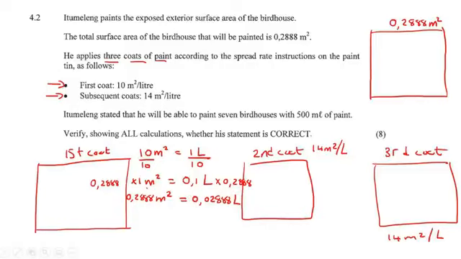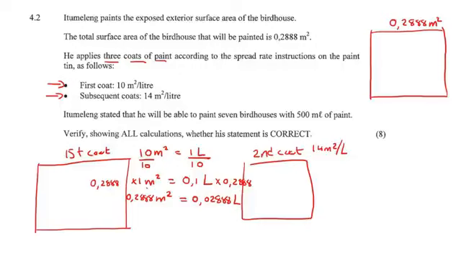Now we are going to do the same for the second and the third coat. I'm actually just going to say second and third coat, because it's the same. So they tell us that 14 meters squared, if we have to paint 14 meters squared, we would use 1 liter of paint.